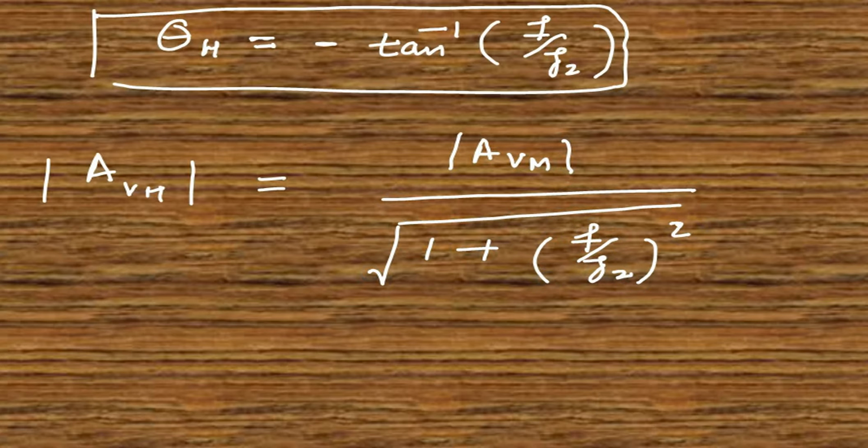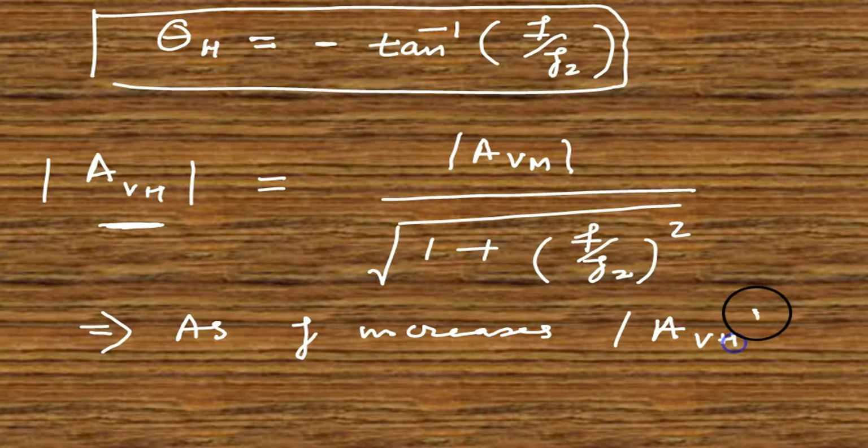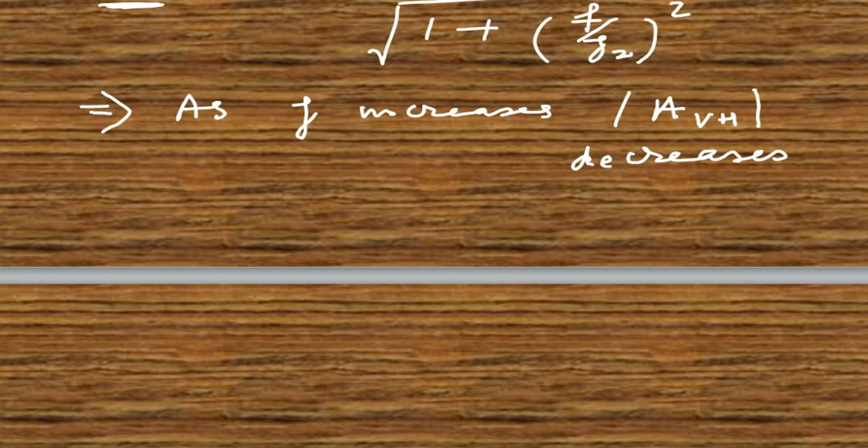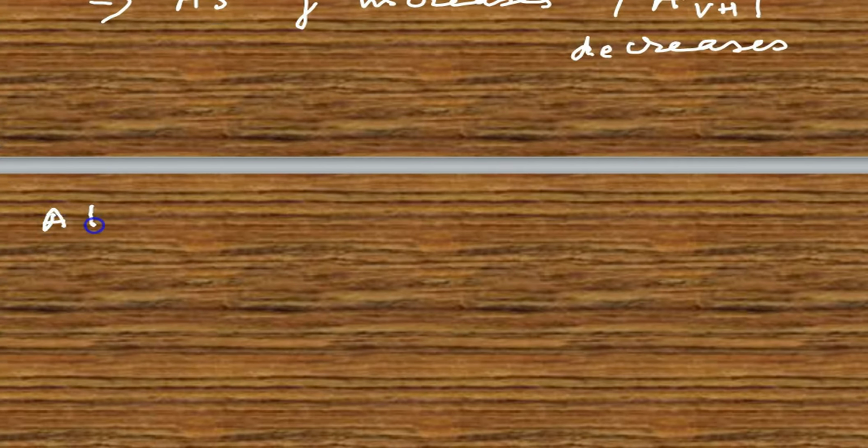This is very, very important. It shows that as the frequency increases, the magnitude of Avh, the voltage gain at high frequency, keeps decreasing with the increasing value of frequency.